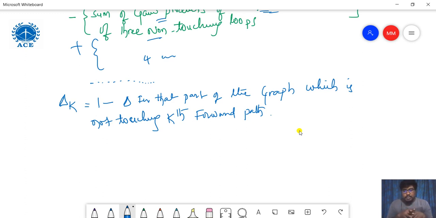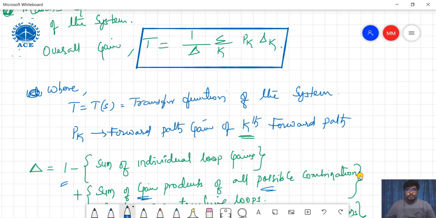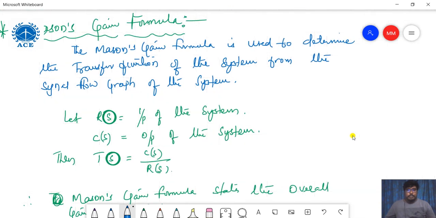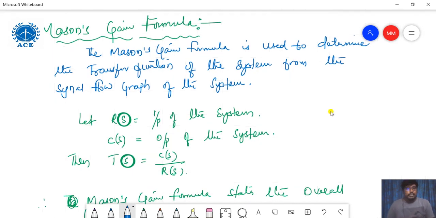So this is Mason's gain formula. I will repeat once again. This is important. Most of the JNTU exams will ask this question also. I will go through a brief review again.